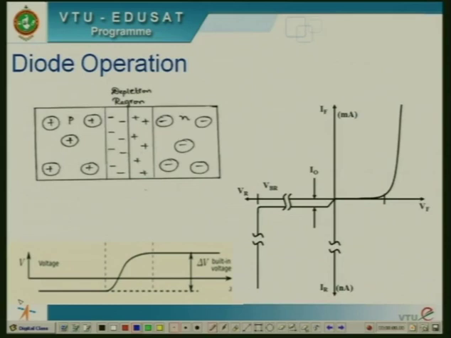When the diode is open circuited, no current flows through the circuit, and due to the potential barrier there is a voltage difference, delta V, as shown here, from the negatively charged particles to the positively charged holes.